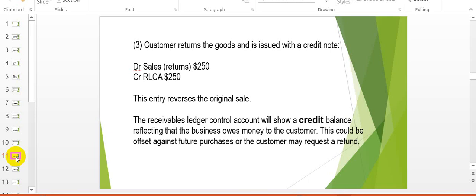Notice now that the receivable ledger control account, which usually has a debit balance, is showing a credit balance. This is because you reversed the original sale and you are now owing the customer pending you refunding the customer.